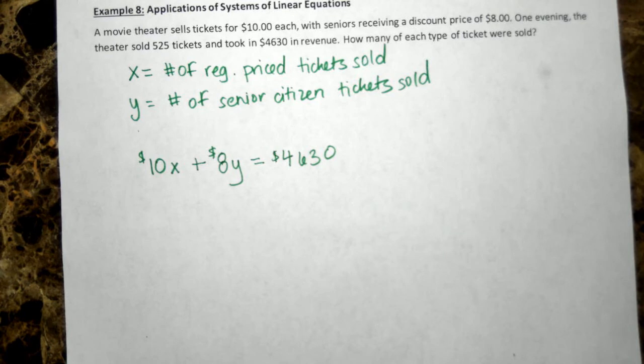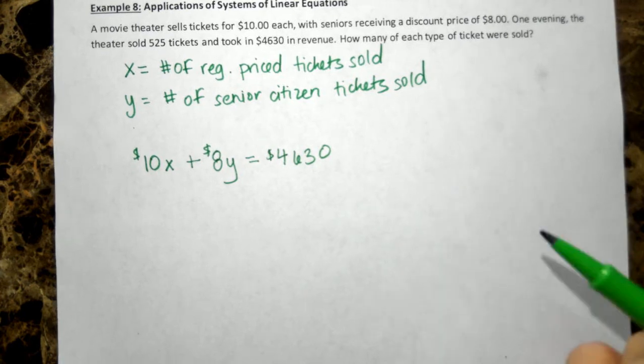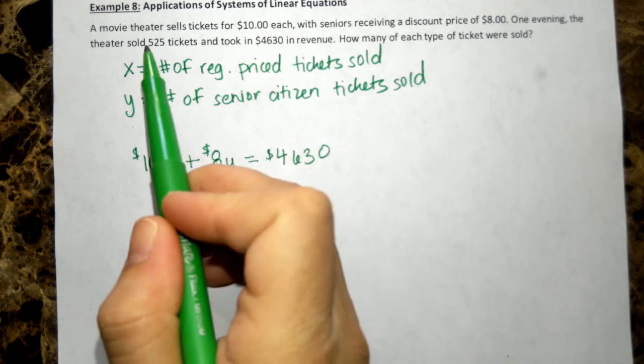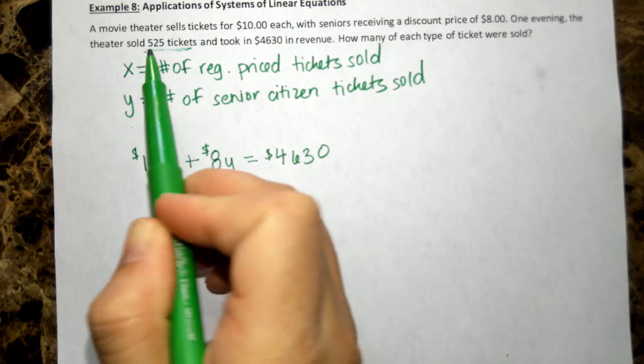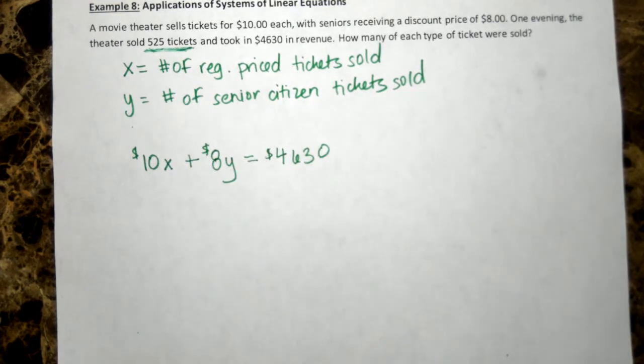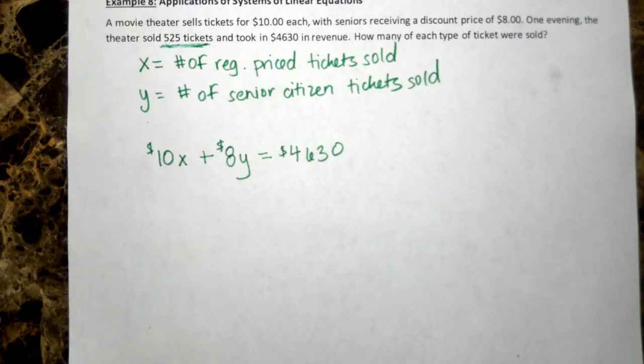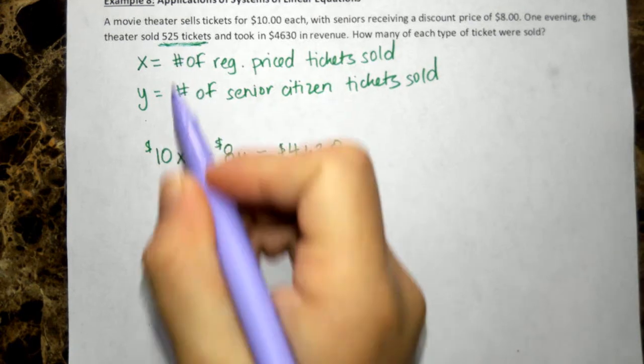In order to get a system, though, we need a second equation. We only have one equation. So what else do we know? Well, we also know that there was a total of 525 tickets sold. So we don't know what X is and we don't know what Y is. However, we do know that there's 525 people total. So we can write a second equation.